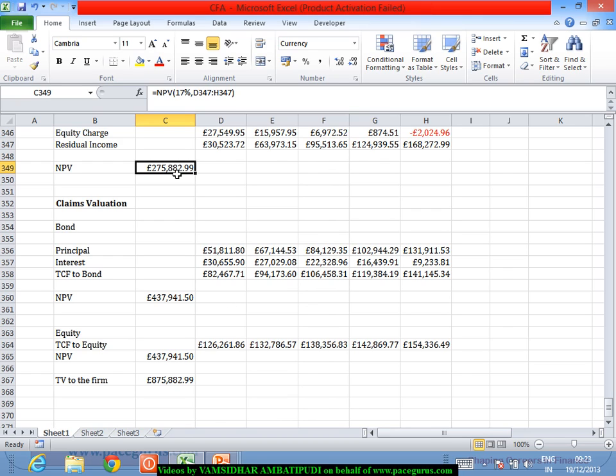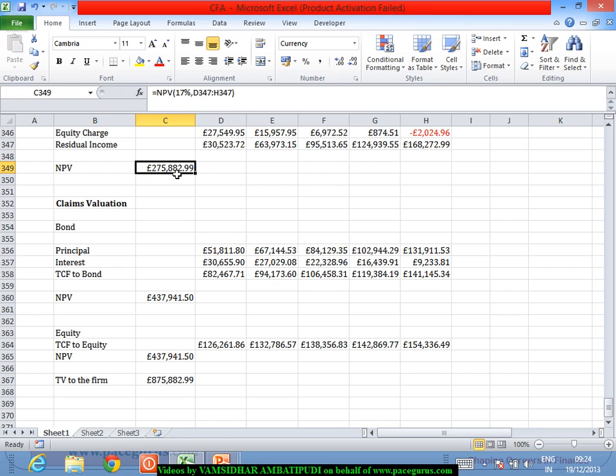So whatever is the mechanism that we are typically using to find out the NPV, there are so many mechanisms, like your economic profit based mechanism, or residual income based mechanism, or claims valuation based mechanism. Whatever mechanism we are using to compute the NPV for the project, what we are observing is that in all the mechanisms, if we are doing our calculations correctly, the NPV will come out to be the same across.